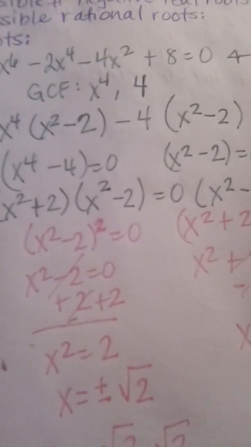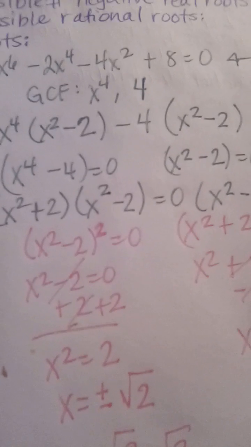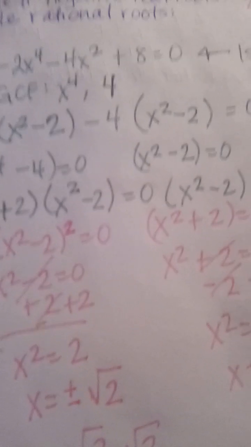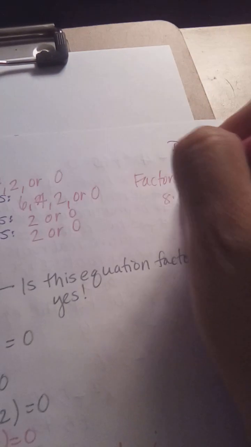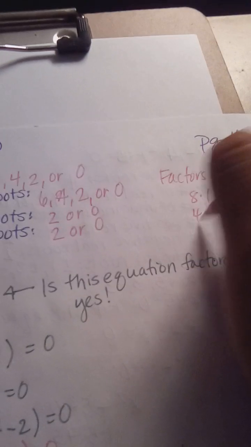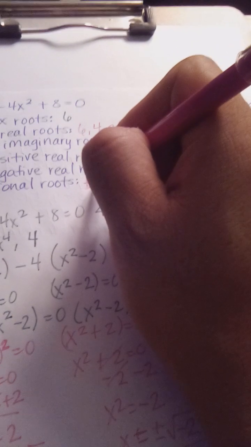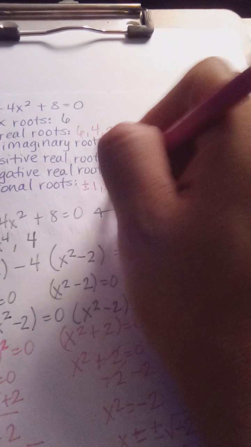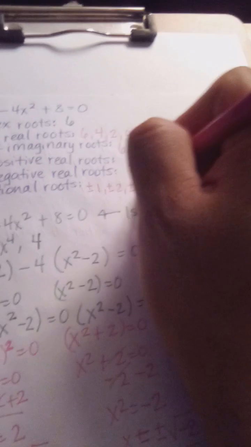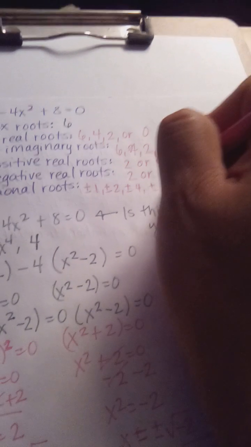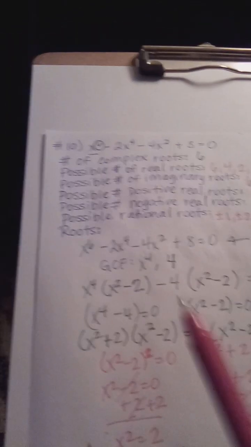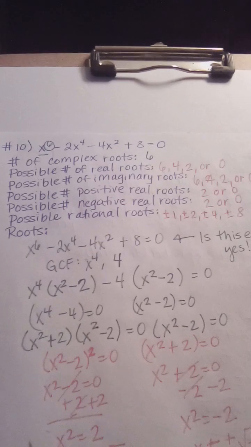Factors of 8. Totally forgot about that. Forgive me on that. We have 8 and 1, 4 and 2. And that's our answer. Positive or negative 1, positive or negative 2, positive or negative 4, positive or negative 8. That's our rational roots part.